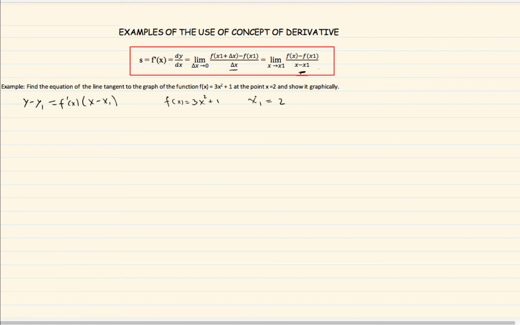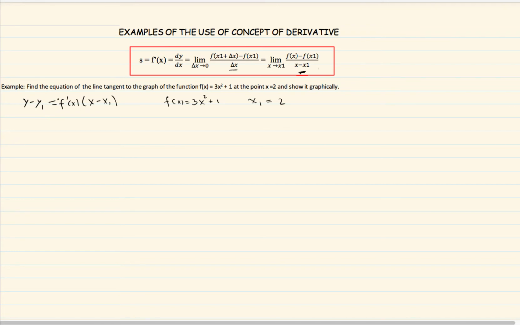To solve this, we have two possibilities: we can just solve using the definition, or we can use this expression that has a relationship with the definition. Both ways are going to give us the same result. But because in the last video we just saw the relationship of this function with the definition, I think we can go with this expression here, so we can get more acquainted using it.